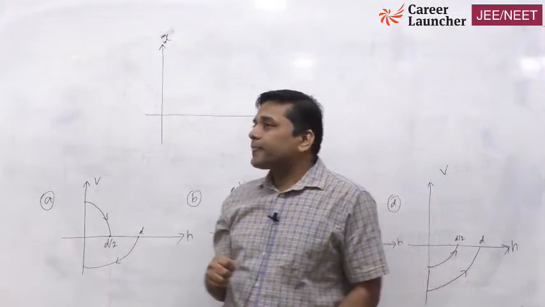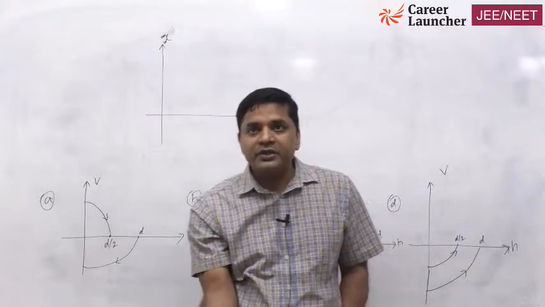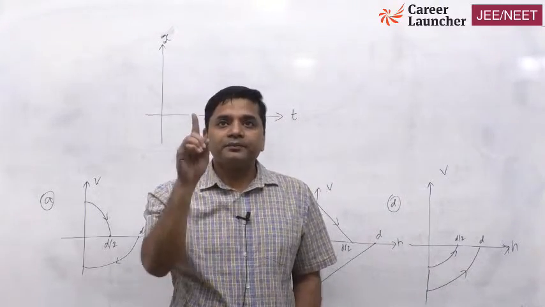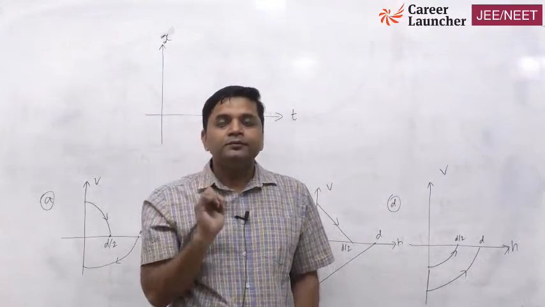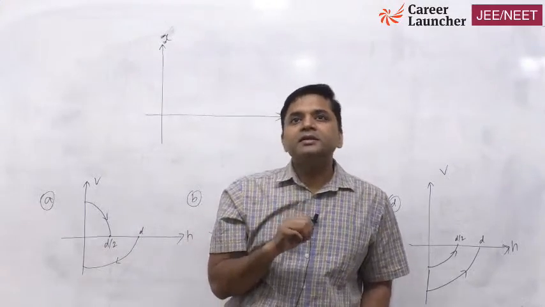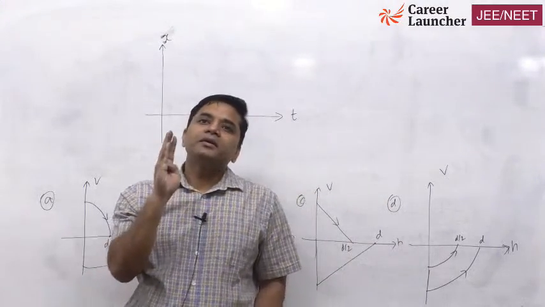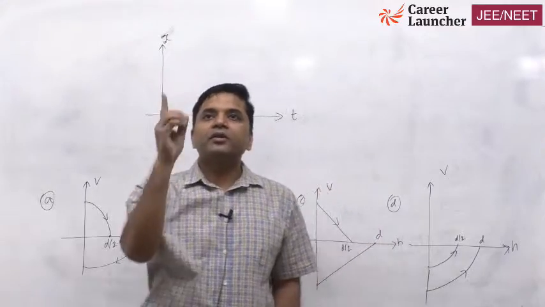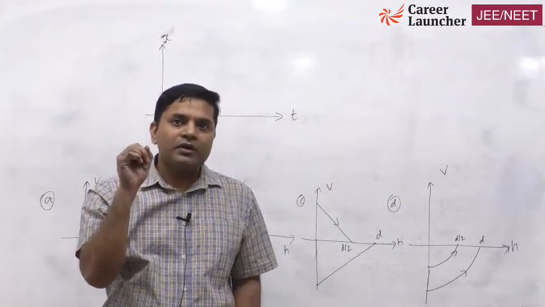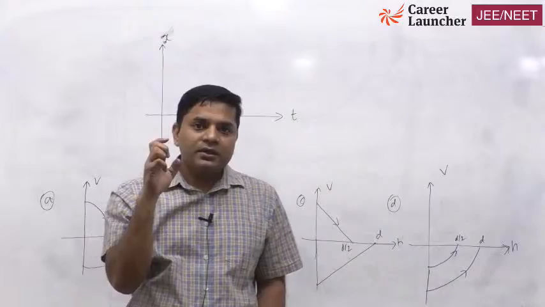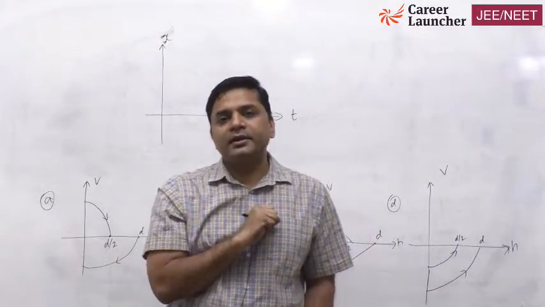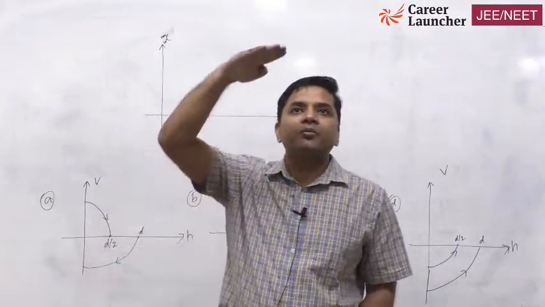As the stone is being thrown, it's going up. So velocity is upward and gravity is downward. That means it's a deceleration, retardation. So somewhere it will stop.